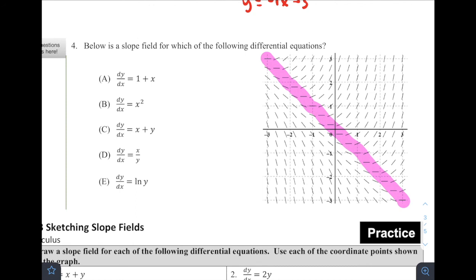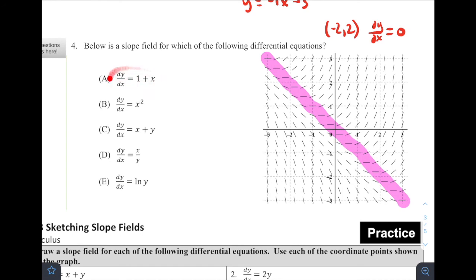After that, I can take a look at the actual points and try to calculate, if we plug in, does it make sense with what we're seeing? So for example, at the point -2 comma 2, the slope is 0, so dy/dx should be equal to 0.